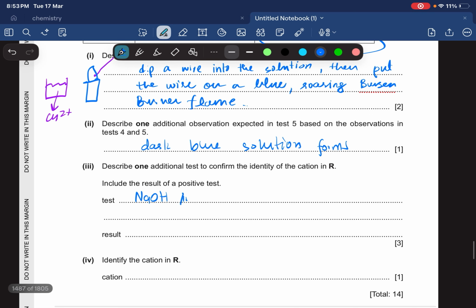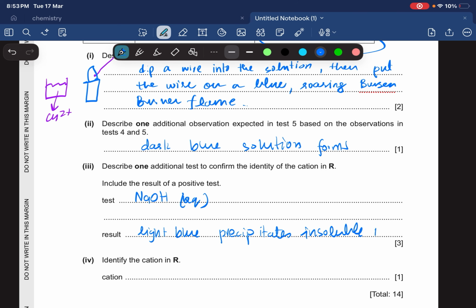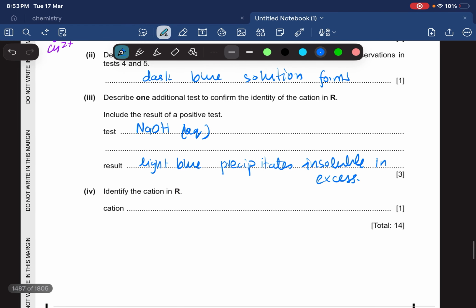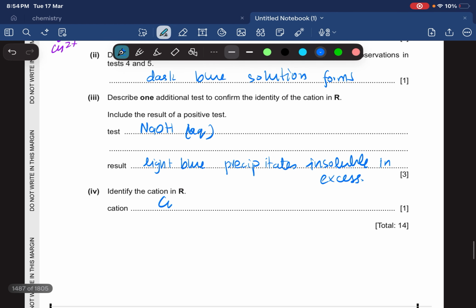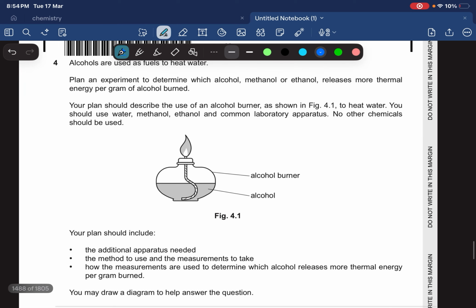So we add NaOH aqueous, and then the result is going to be light blue precipitate, insoluble in excess. Don't forget this. Insoluble light blue precipitate, insoluble in excess. Identify the cation in R. No worries. Copper 2+. Done.